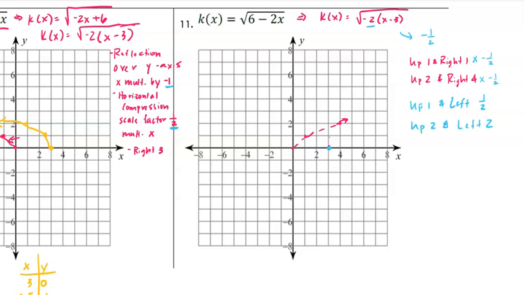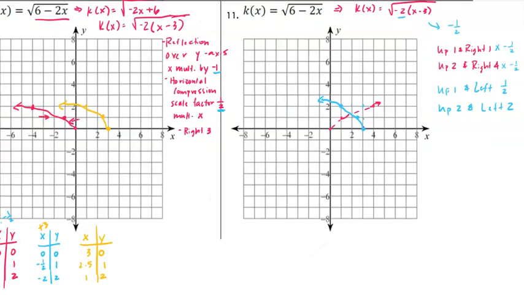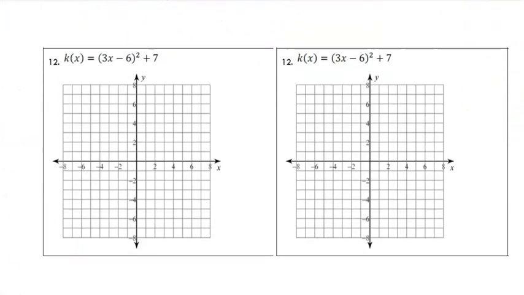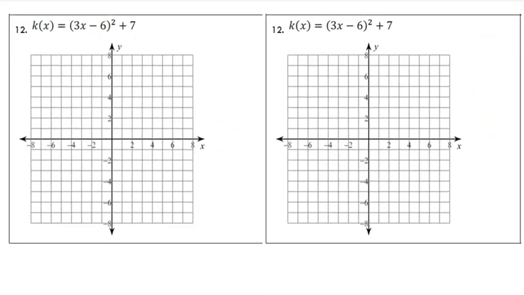So up 1, and then left 1/2, right there, and then up 2, 1, 2, right there, and go left 2. And you get pretty much the same graph as the yellow one on the left. Okay? And that's perfectly fine to graph it that way. In fact, for some people, you're going to think it's easier.